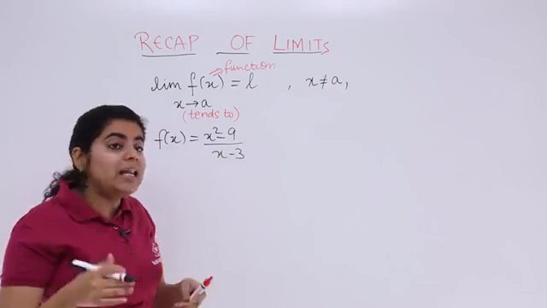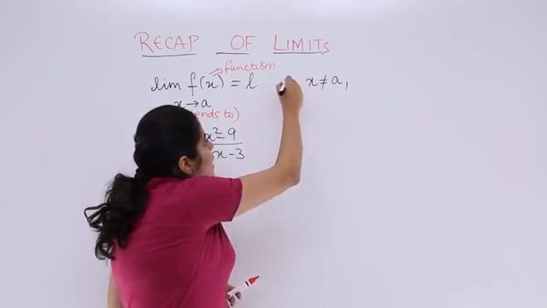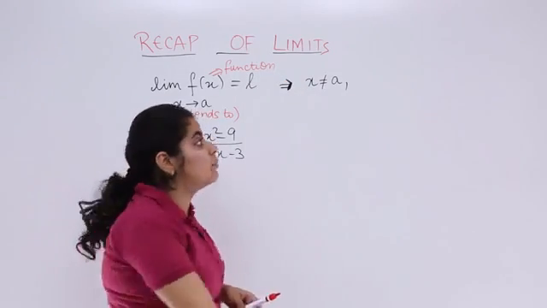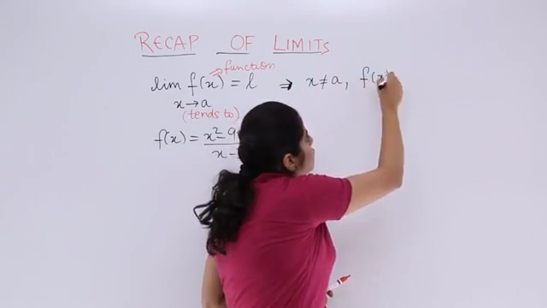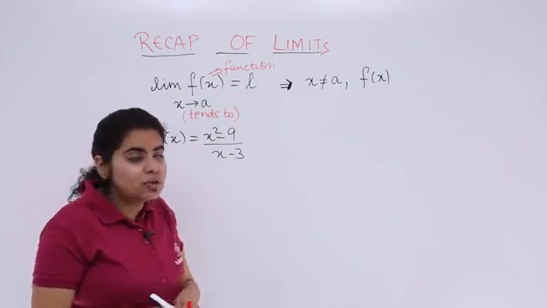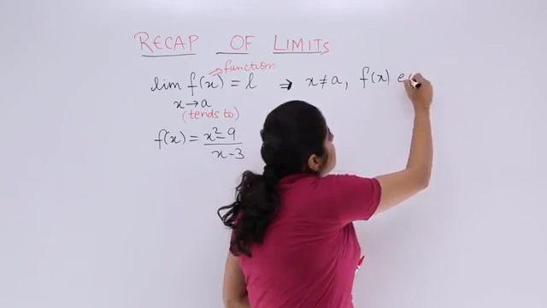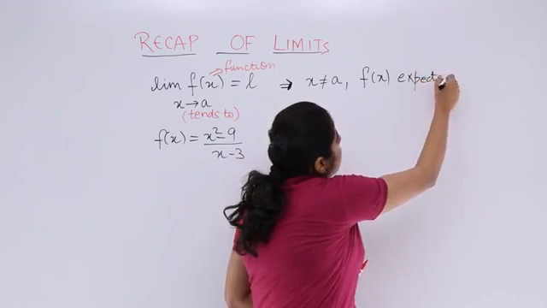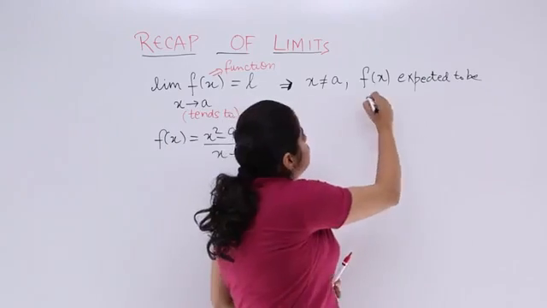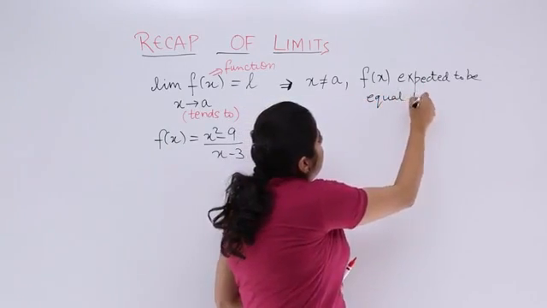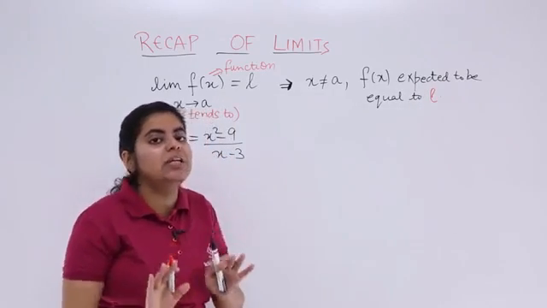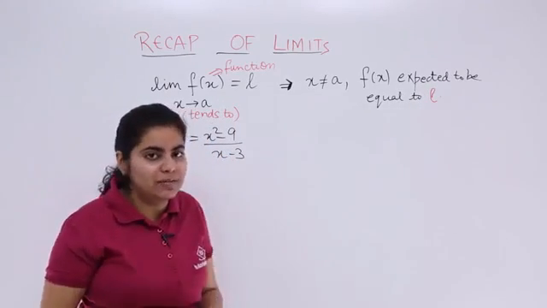It also means another important thing: the function value is expected to be equal to L, but it is actually not equal to L. That we need to know, and that we already know from our 11th class.